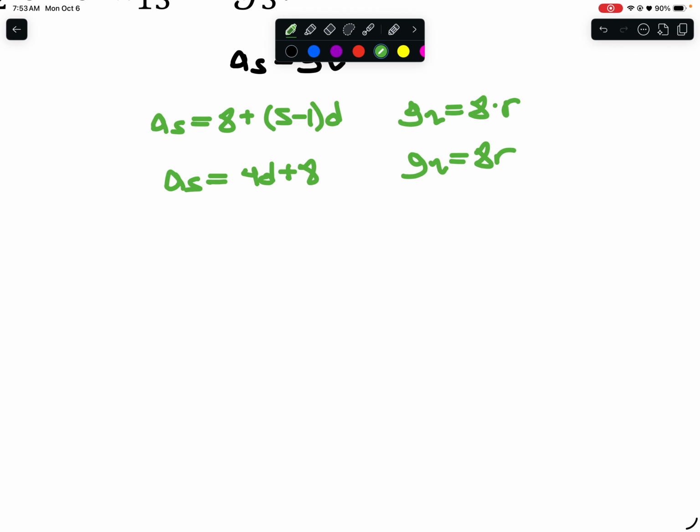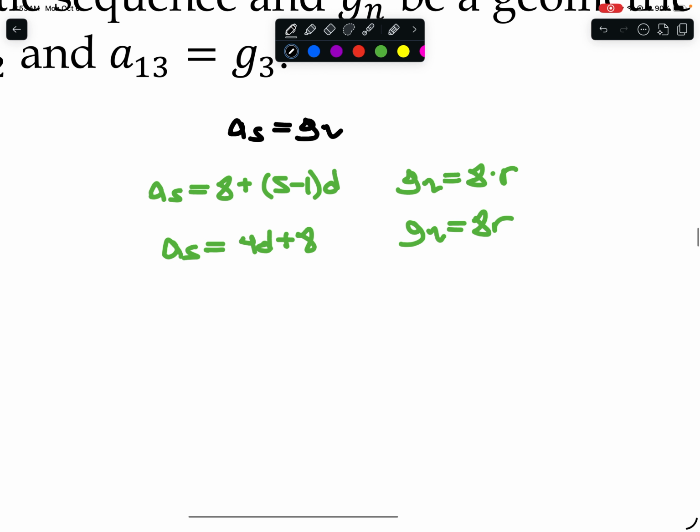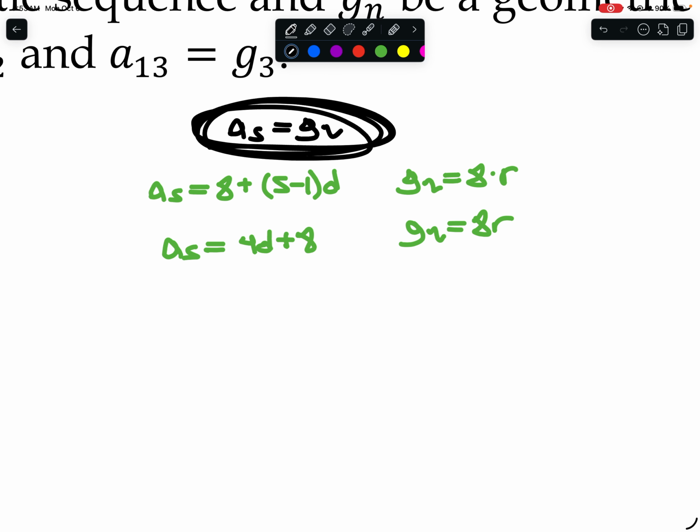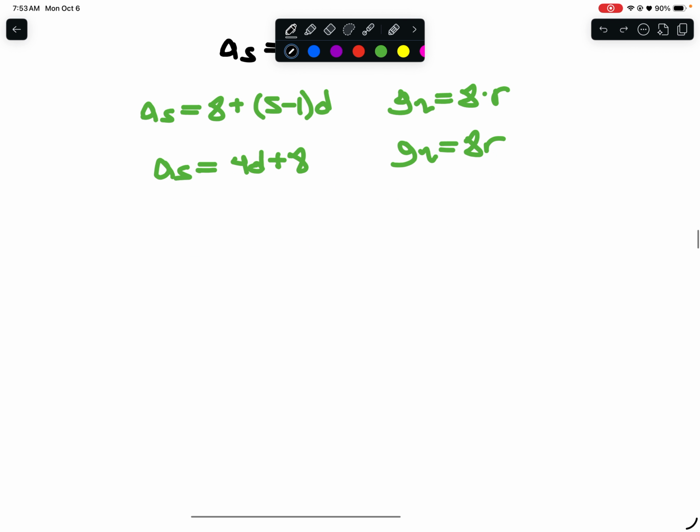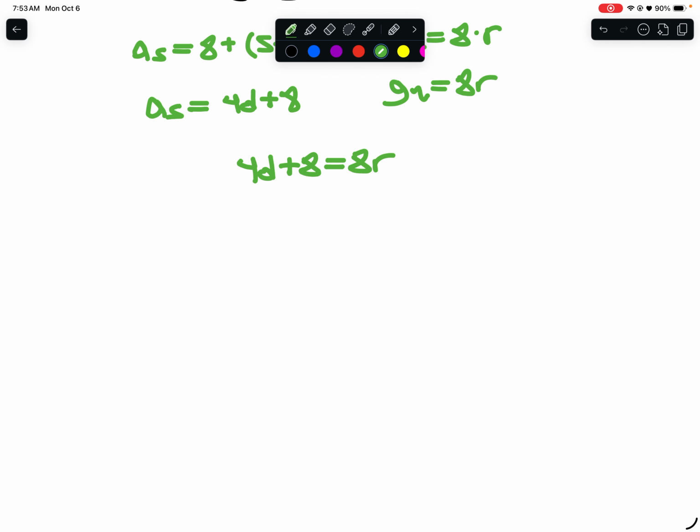So I know these two equations are going to yield the same exact value. So what I'm going to do now is set both of these values equal to each other. So 4d plus 8 is going to be equal to 8r. When I get here, every single term is divisible by 4, so I'm going to divide everything by 4 just to make the math a little bit easier.